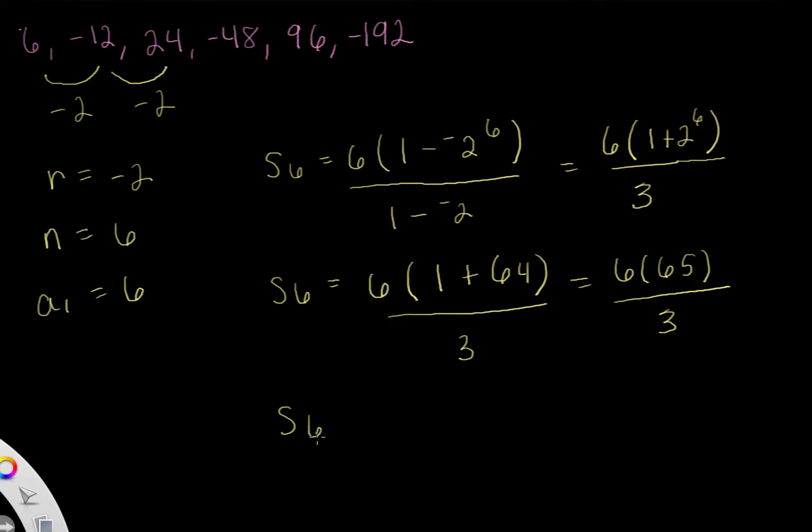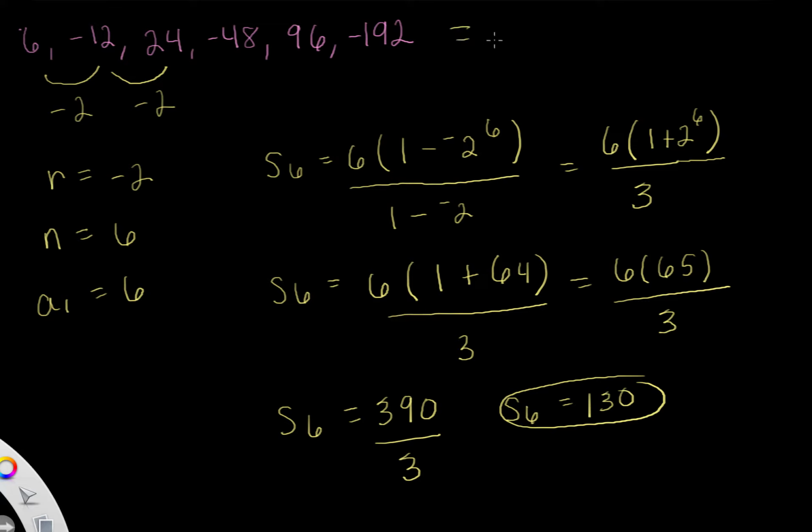So the sum of the first 6 terms in that series, 65 times 6 is 390 divided by 3. So it is 130. And you will find that if you add all those terms, you will end up with 130.